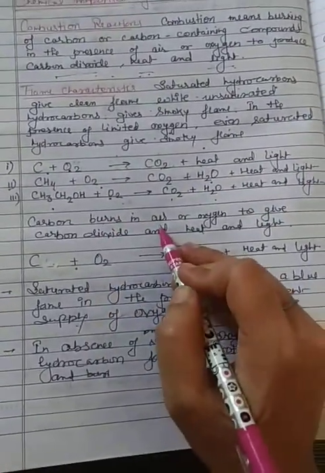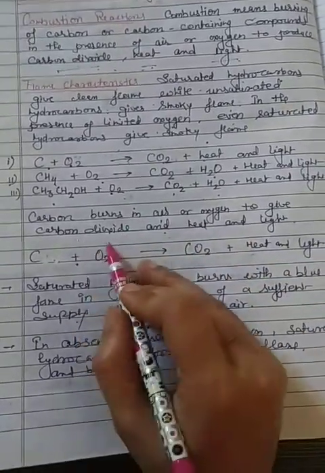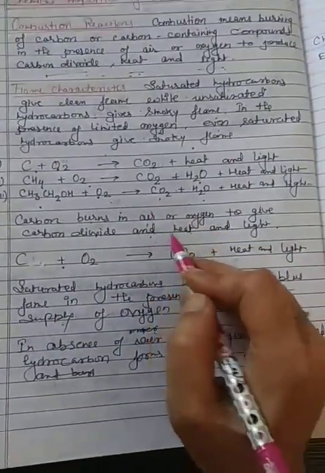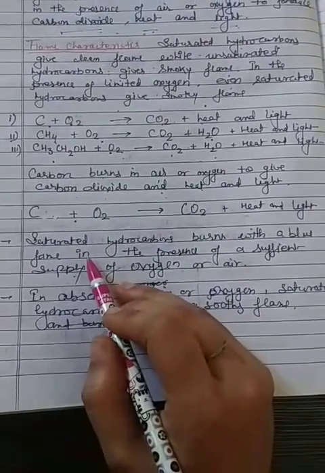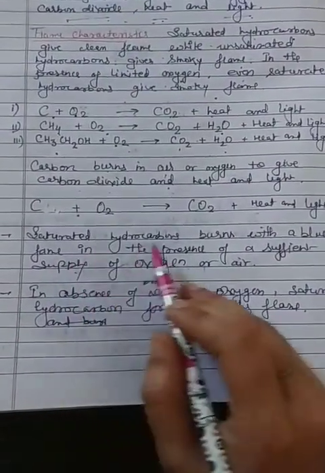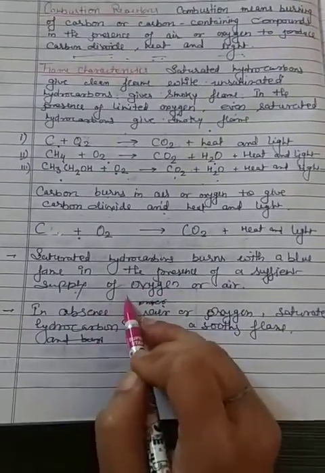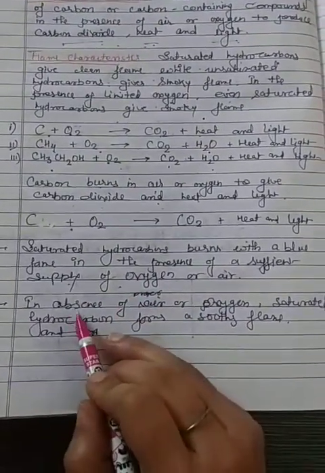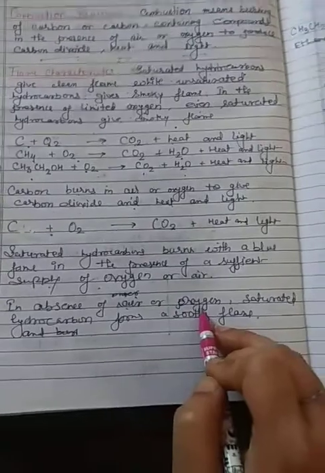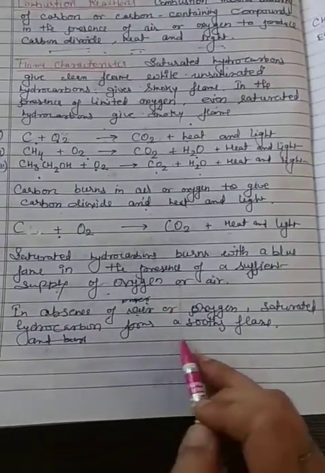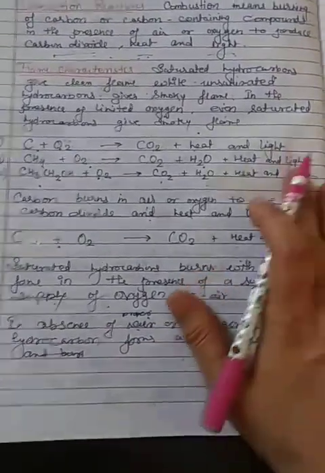Carbon burns in air or oxygen to give carbon dioxide, heat and light. As we discussed, saturated hydrocarbons burn with a blue flame in a sufficient supply of oxygen, while in the absence of air or oxygen, saturated hydrocarbons form a sooty flame.